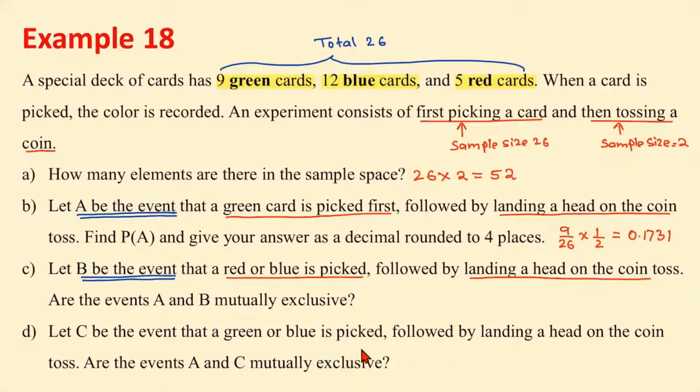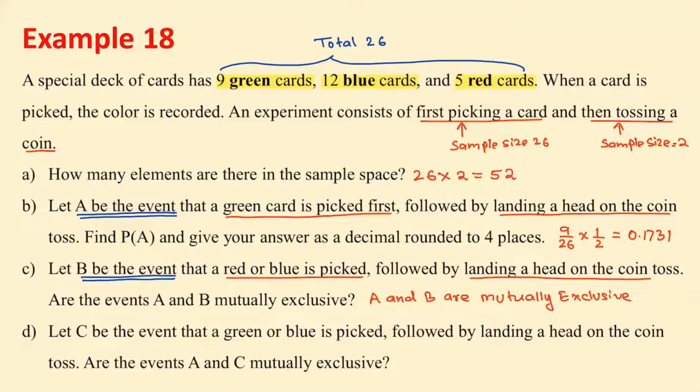They are mutually exclusive. They don't include the same color. So A and B are mutually exclusive.